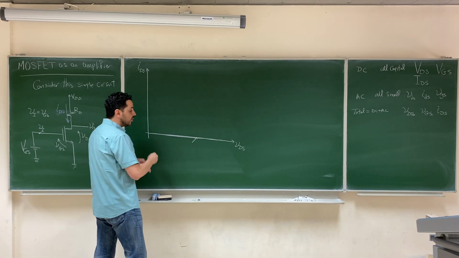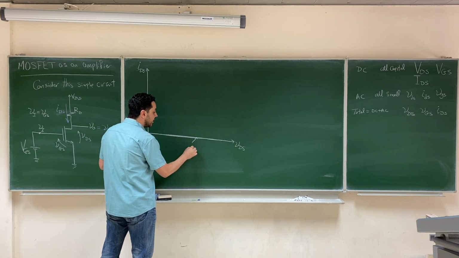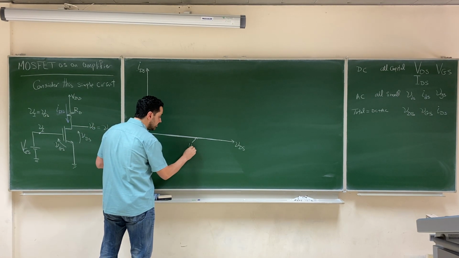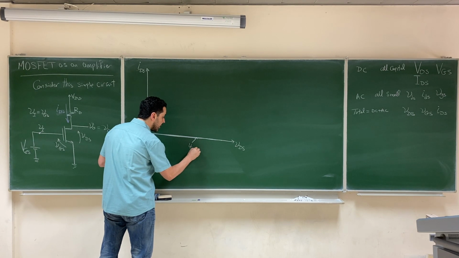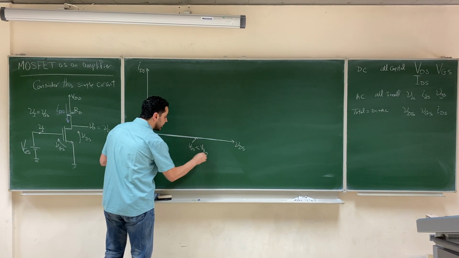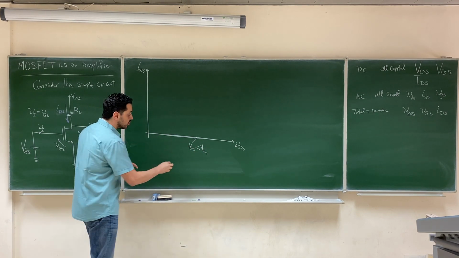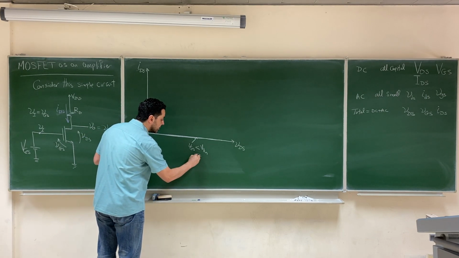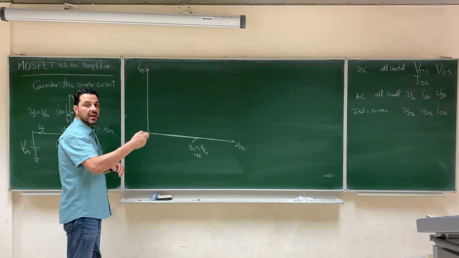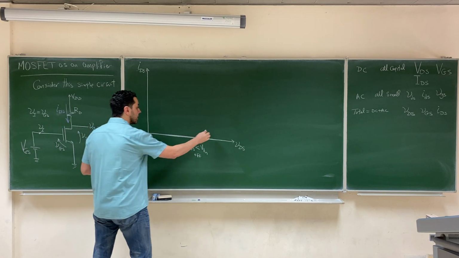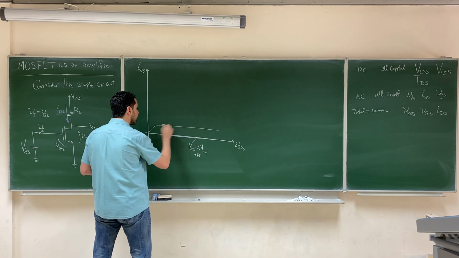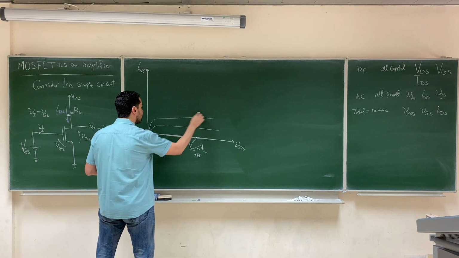So this curve has zero current when VGS is less than V threshold, right? So the transistor was off and the current was zero.